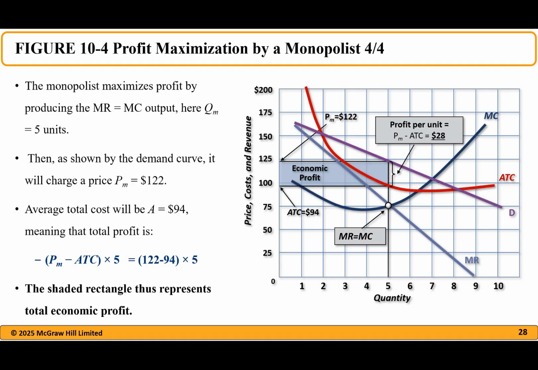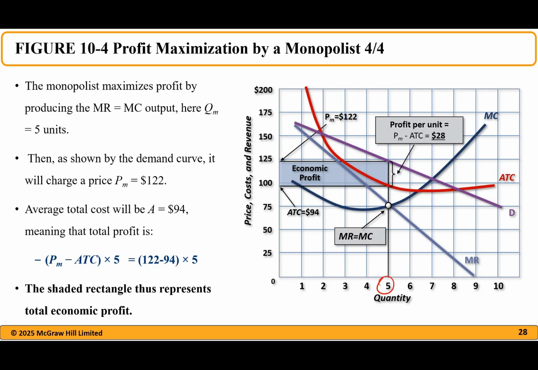One thing we need to mention here, according to the price determination, once quantity is chosen with the marginal revenue and marginal cost, we need to move vertically up to the demand curve to find the price.